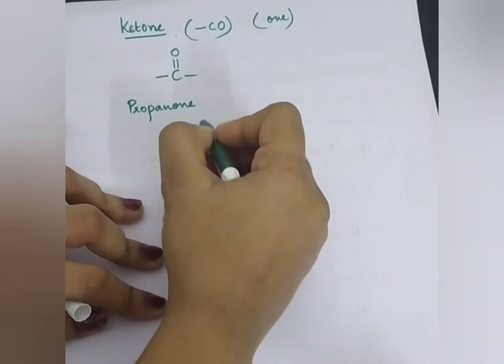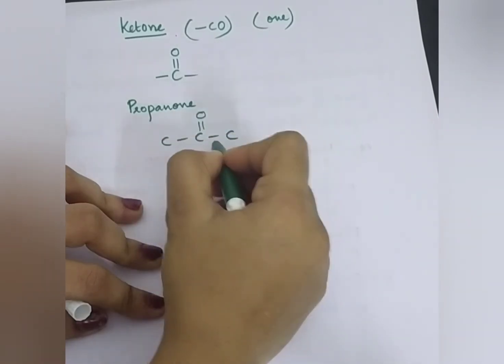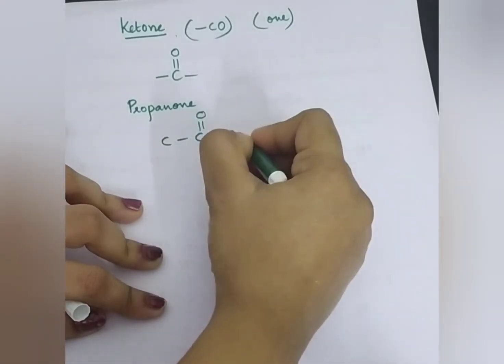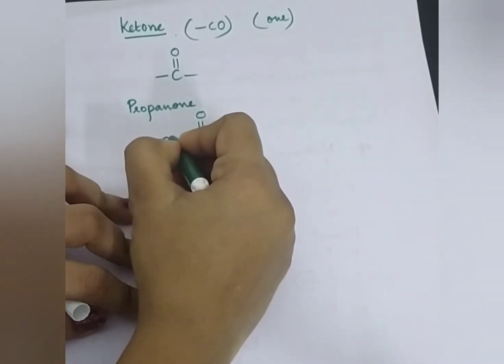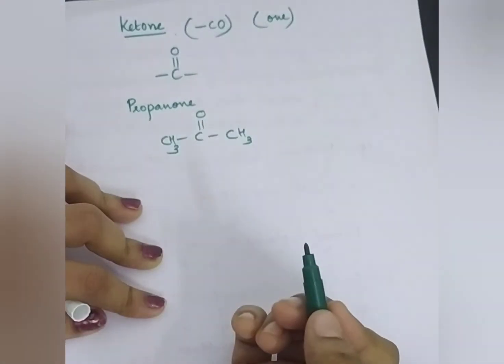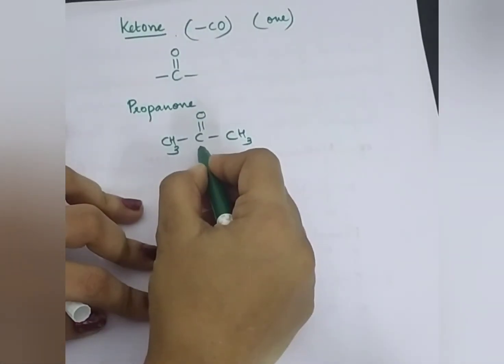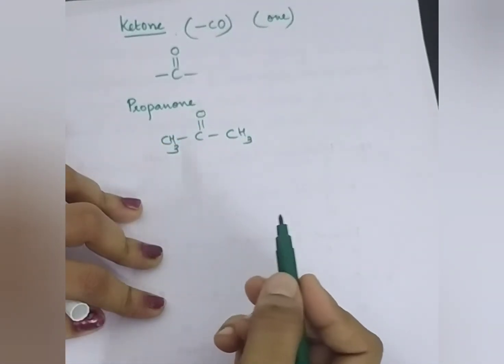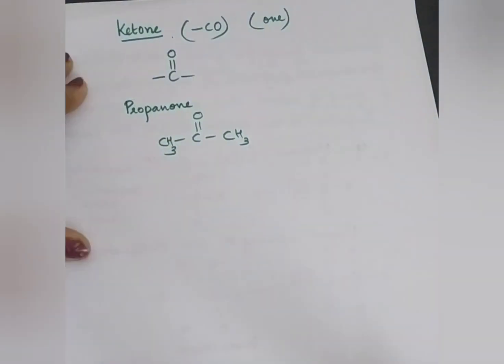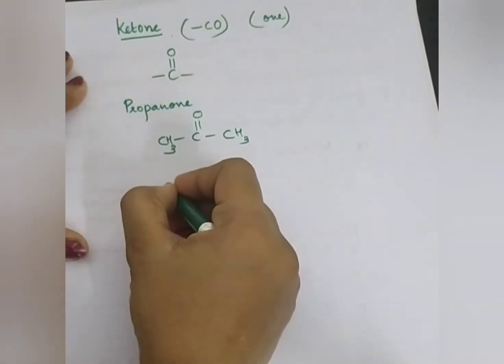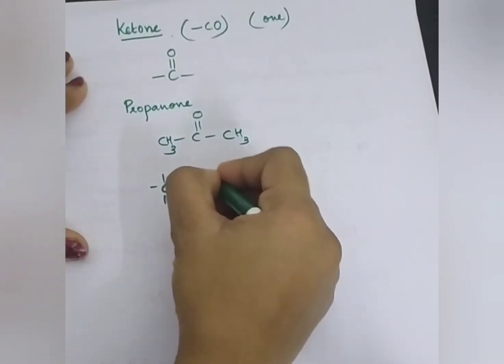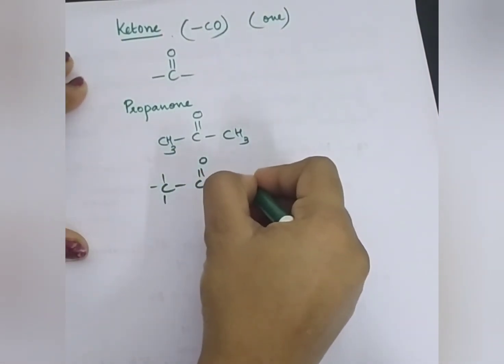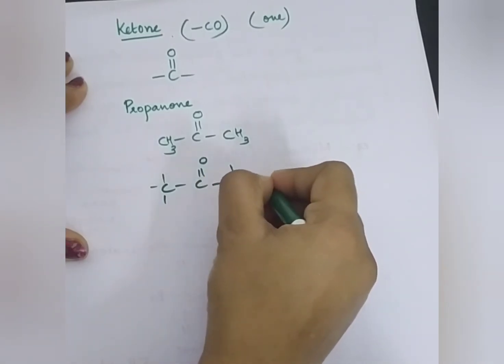Now it is propane, right? So it's propanone. So we have to write 3 carbon atoms. Prop means 3 carbon atoms. And the valencies are satisfied. Let's see what is the name of this. CH3COCH3. It is known as propanone. Ketone always comes in the middle of a hydrocarbon.